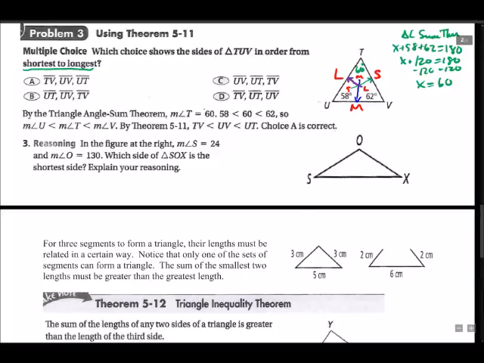So from shortest to longest, we start with TV. So that one doesn't work and that one doesn't work, because we have to start with TV as our shortest here. And then we go TV to VU, and then UT is at the end. So this one's correct, because these two are in the wrong order. UV is our medium size. So small, medium, large.